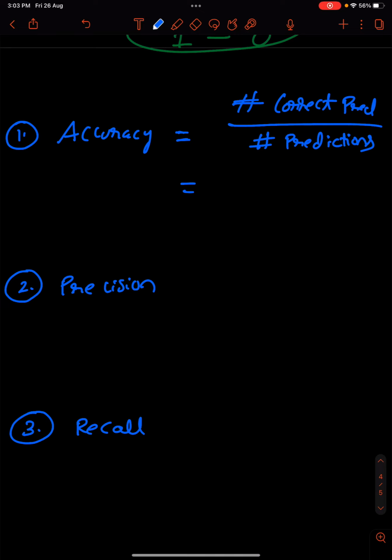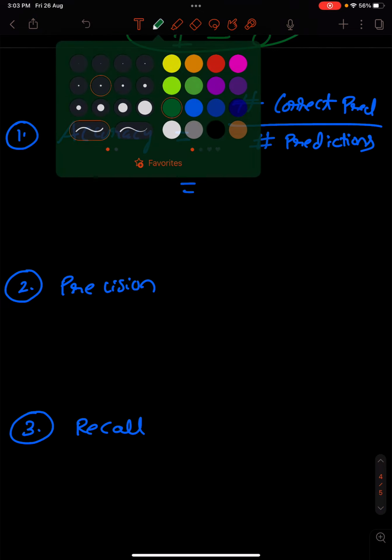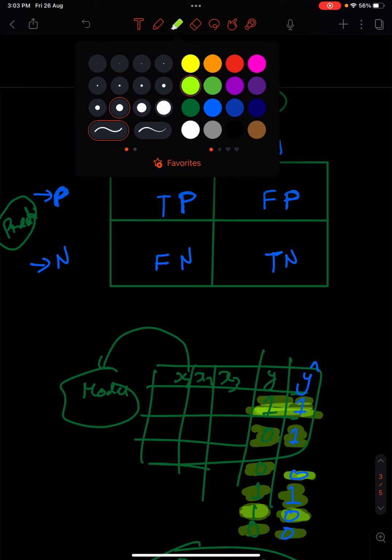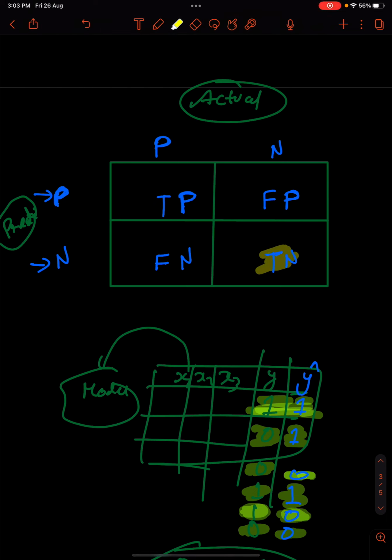So if I try to fill this as per the formula, can you tell me what the correct predictions are over here? The correct predictions would be this one, because it is truly predicted as negative, and this is the other correct prediction which is truly predicted as positive.